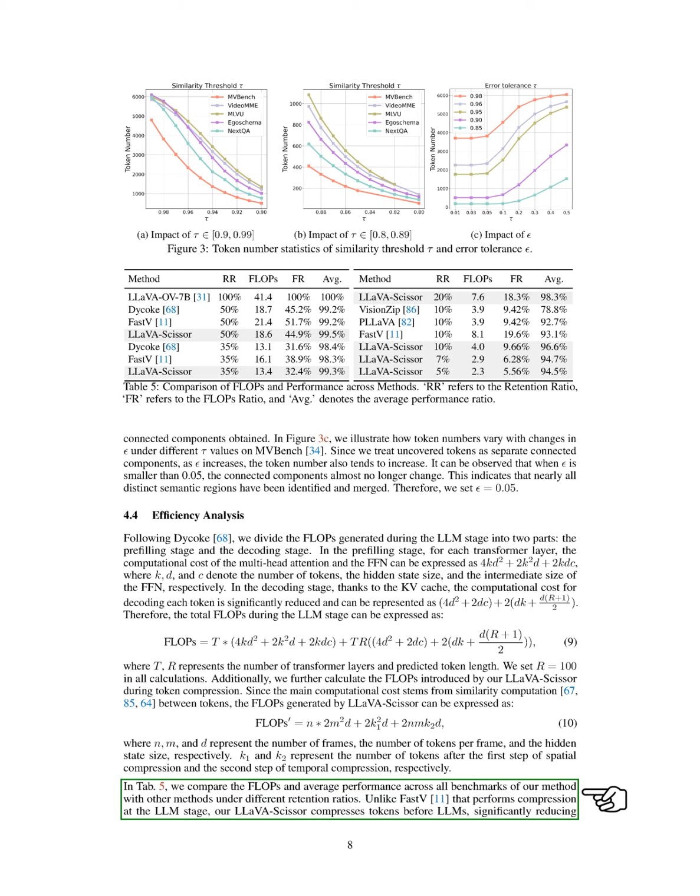In our comparisons, we look at FLOPs and average performance across various benchmarks, contrasting our method with others at different retention ratios. Unlike FastV, which compresses tokens during the LLM stage, our LLaVA-Scissor compresses tokens beforehand, leading to a significant reduction in FLOPs.